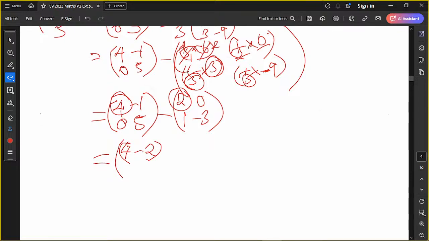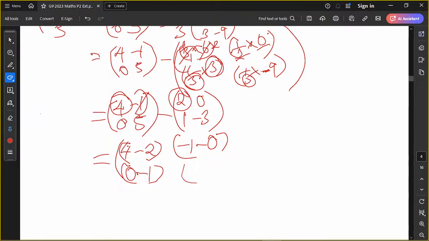Then we say negative 1 minus 0, so we subtract 0 from negative 1. We also put them in mini brackets like that. Then we say 0 minus 1. Again, these should be in mini brackets.